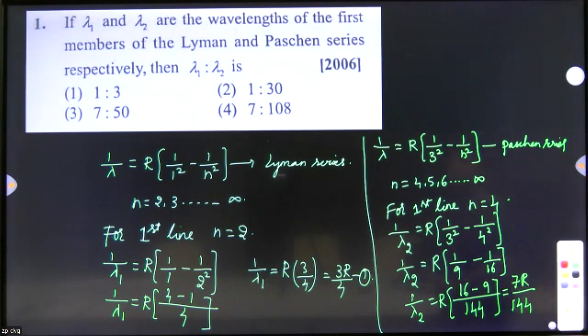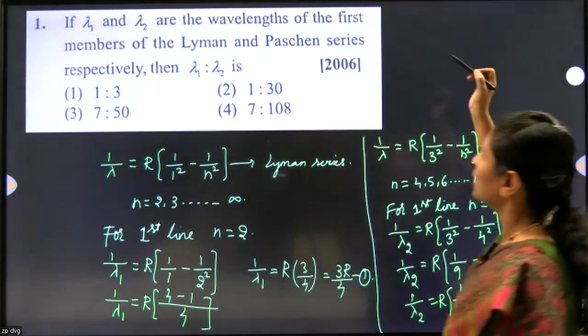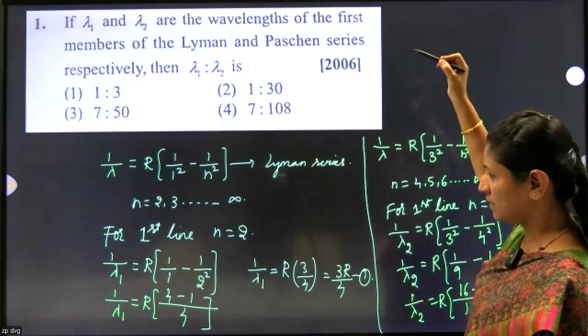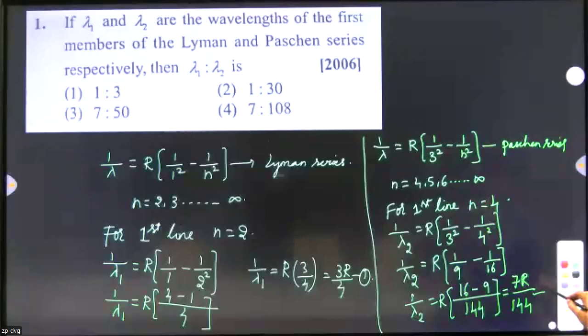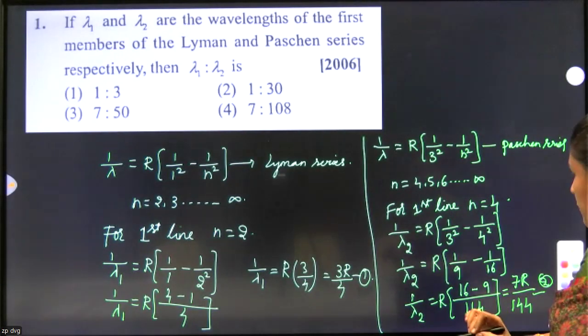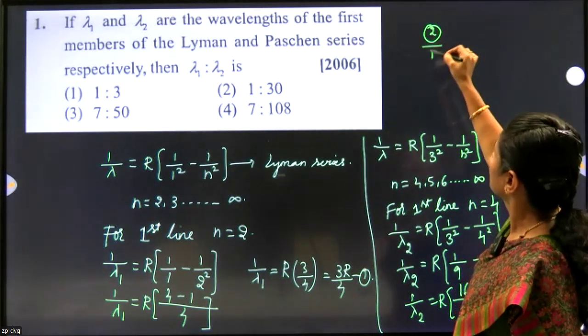Now we have to calculate lambda 1 is to lambda 2. Therefore, consider this as equation 1 and this as equation 2. Consider 2 by 1.